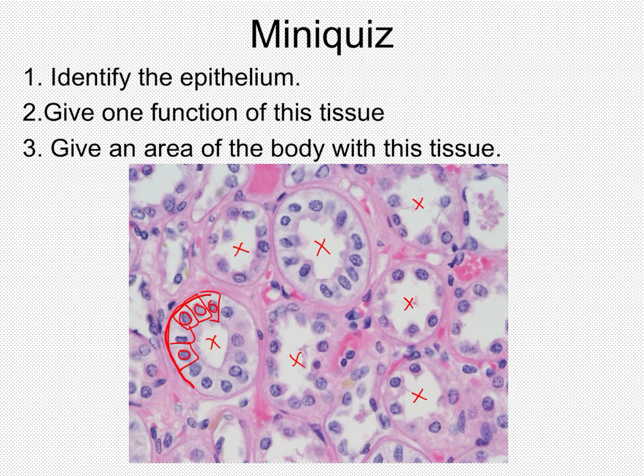Then my basal lamina or basement membrane will be here, and here is some connective tissue. What's one function of simple cuboidal? You can say secretion, you can say absorption. Give an area of the body with this tissue: a duct, or a gland.